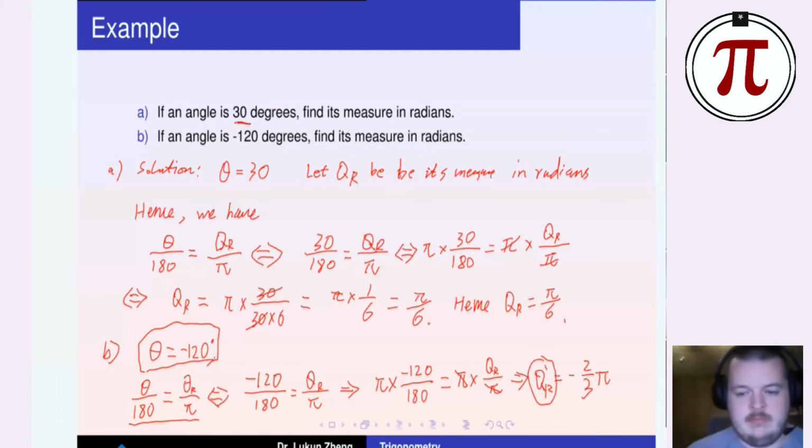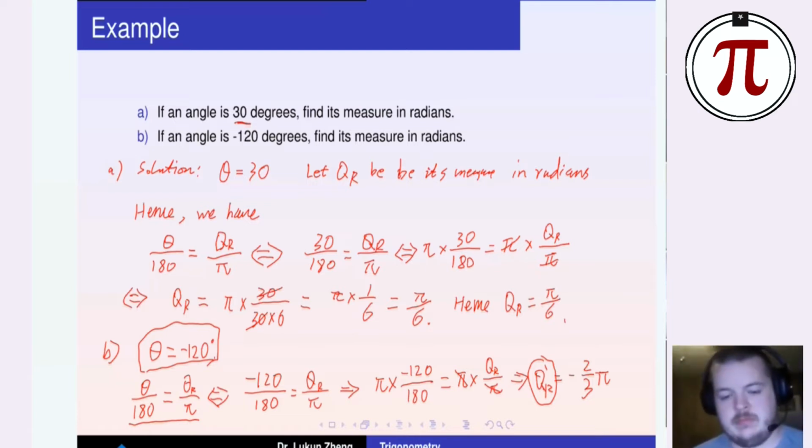You can use the calculator to find negative 120 over 180. If you simplify this fraction, you should get negative 2/3.